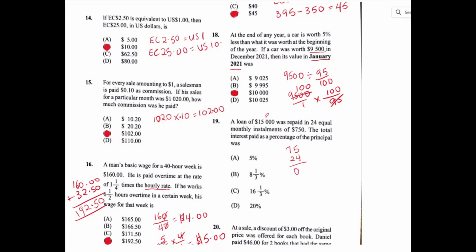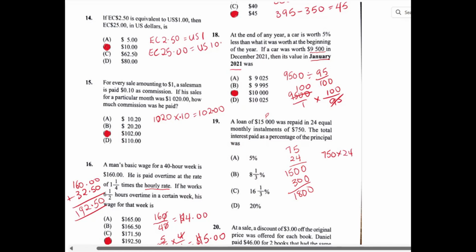5 twos are 10, 7 twos are 14 and 1 is 15, 5 fours are 20, 7 fours are 28, and 2 is 30. So this is 1,800, and therefore 750 times 24 is equal to 18,000. That means we paid 3,000 extra because our initial loan is 15,000.